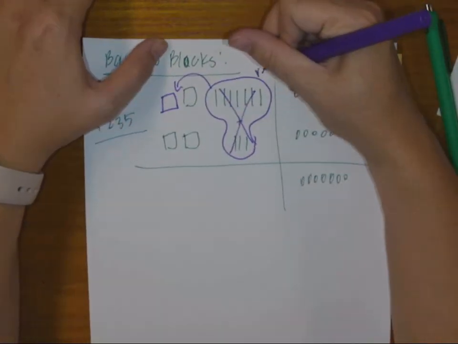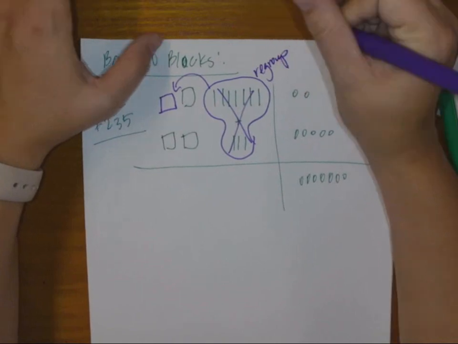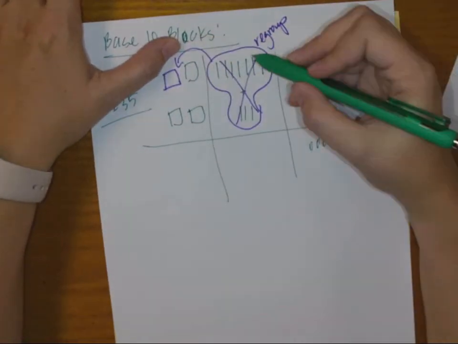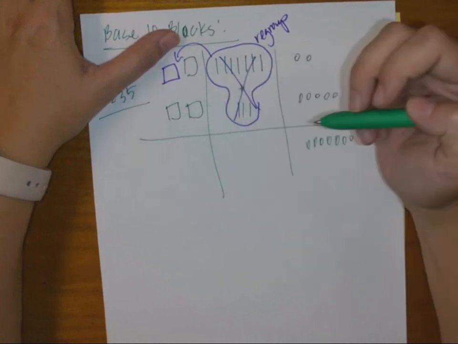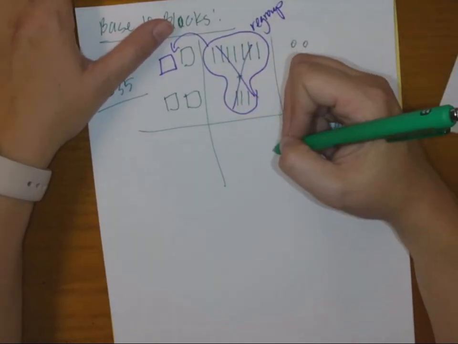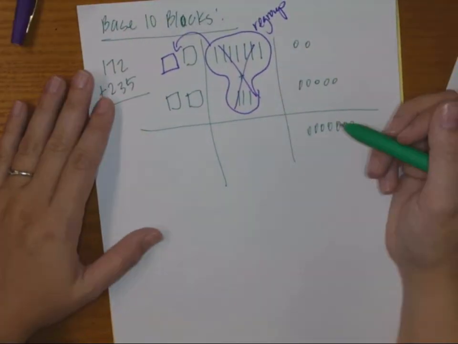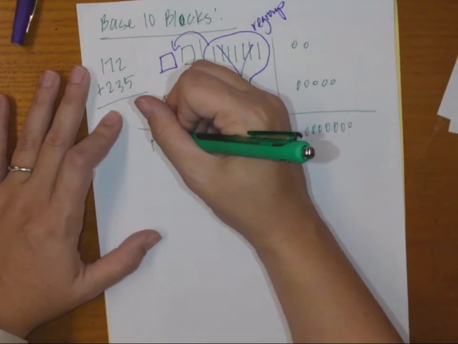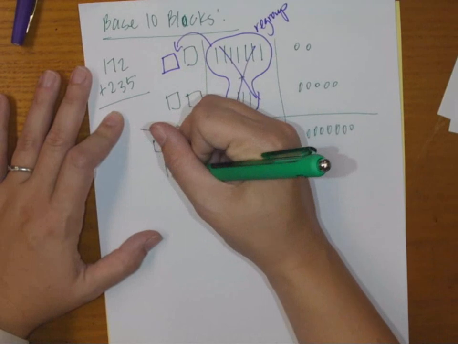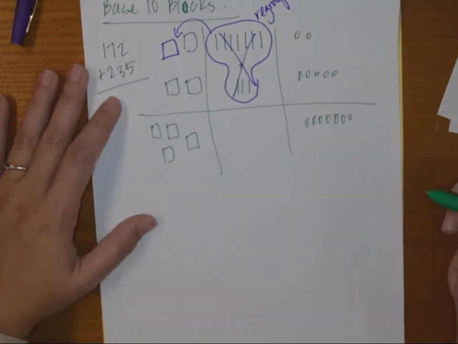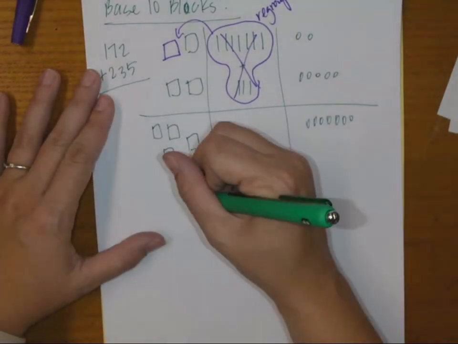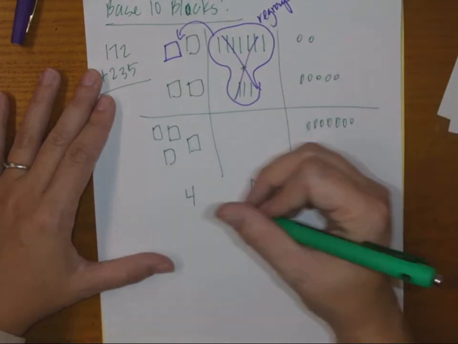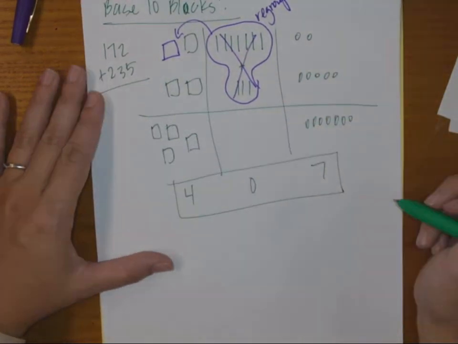So I regrouped here. Now I regrouped all those and turned them into a flat, so I don't have any tens left over or any longs. So now my hundreds, I have 1, 2, 3, 4 hundreds. So my answer is 4 hundreds, 0 longs, 7 units, so 407.